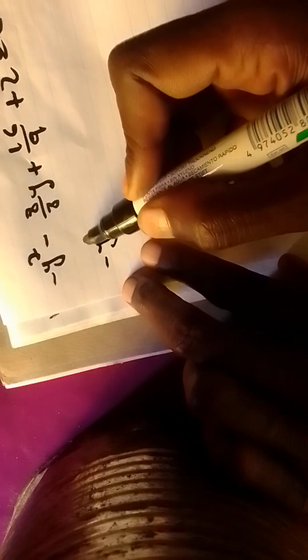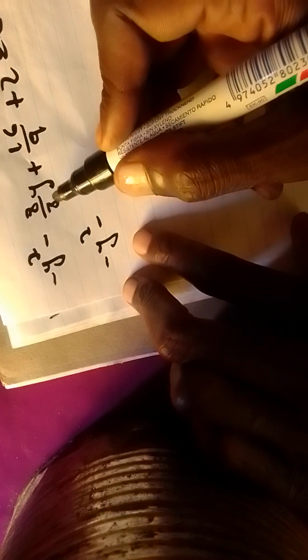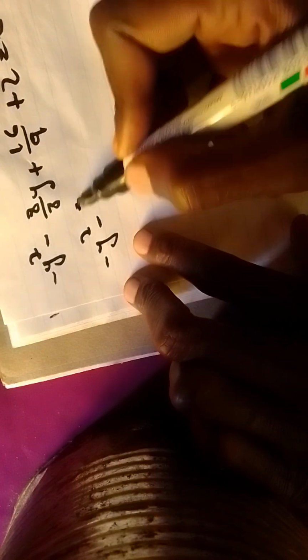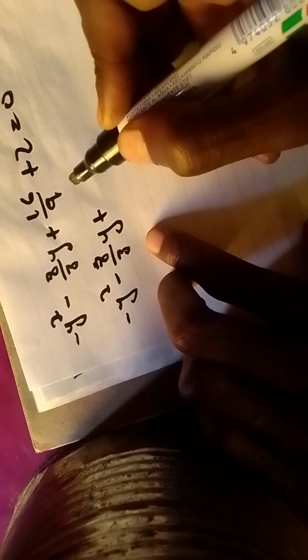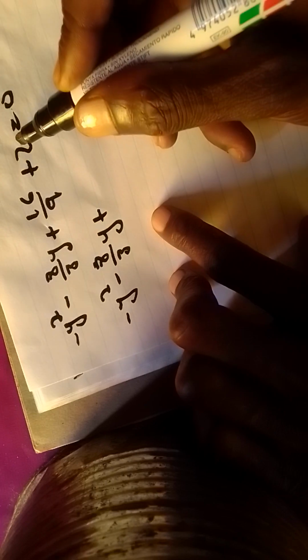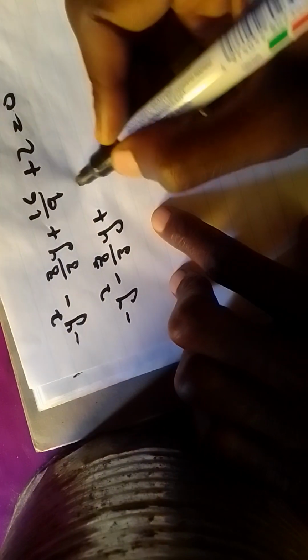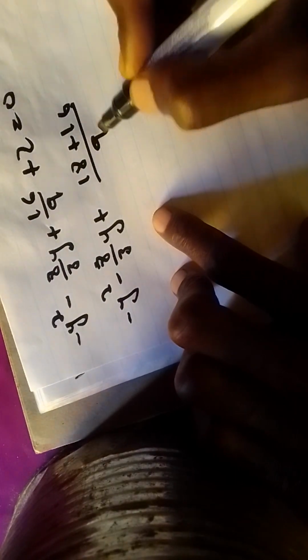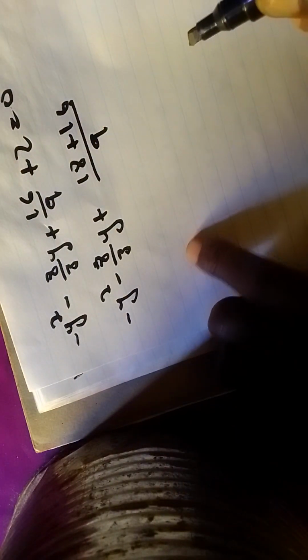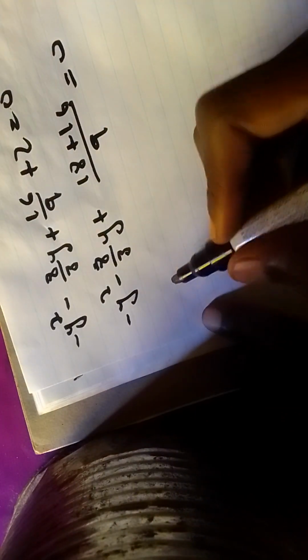Now we add the like terms. Negative y squared plus 8 over 3y plus 9 multiplied by 2 is 18. 18 plus 16 divided by 9. 16 plus 18 is how much? Equal to 0.